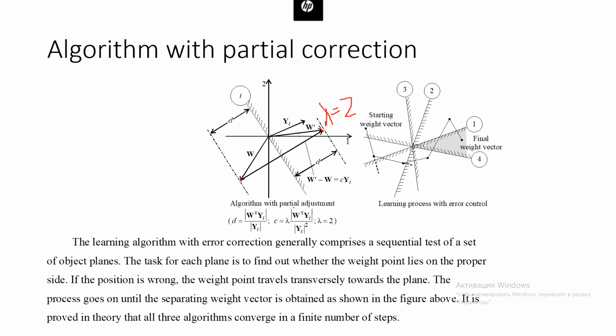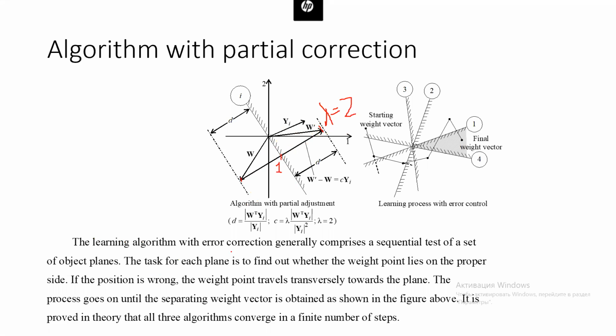In this case, you see that this correction is maybe a little bit extreme. You don't need to pass your weight vectors far away from your object plane. So you may select a value between 1 and 2, and it will be enough.